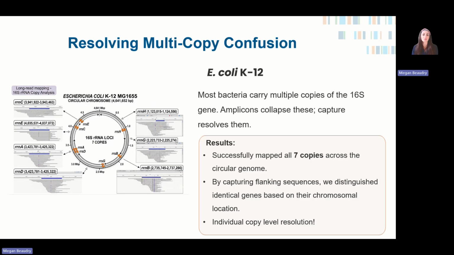So here's an example with E. coli K12, which has 7 copies of the 16S rRNA. We're able to successfully map all 7 copies in this circular genome. By capturing those flanking sequences, we're able to distinguish identical genes based on their chromosomal location. And so this is what gives us individual copy level resolution.